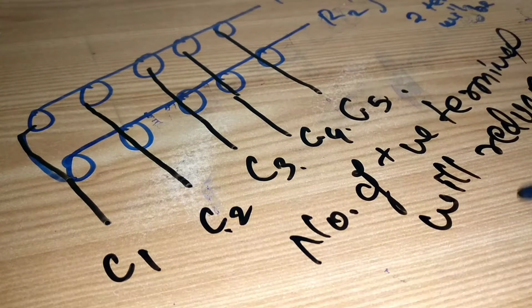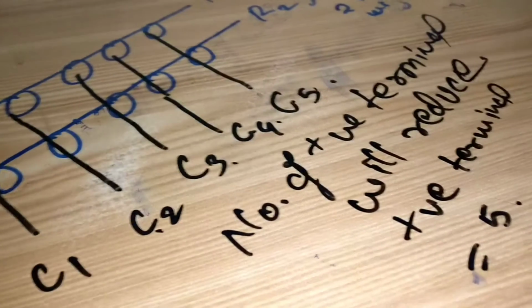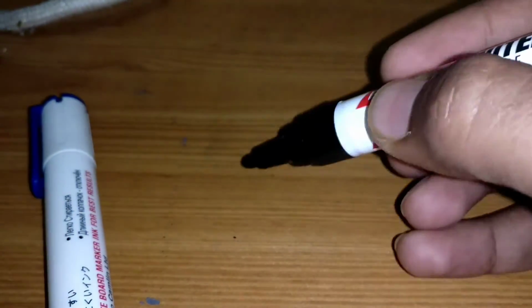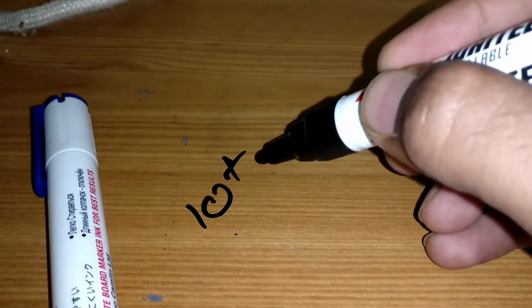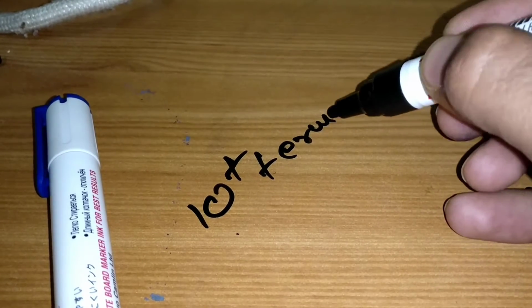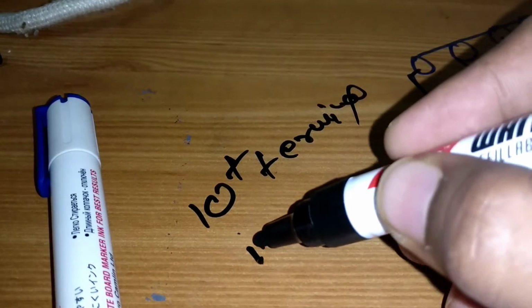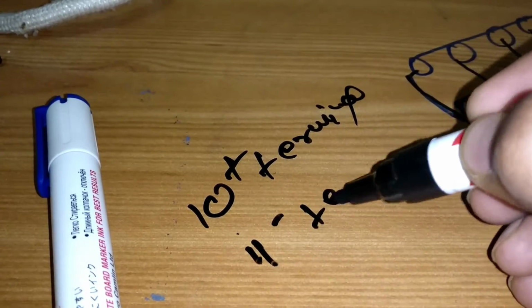So positive terminals equal 5, and as we have seen, the number of negative terminals is 2, positive are 5, total is 7. But in our previous case, there were 10 positive terminals and one negative terminal.